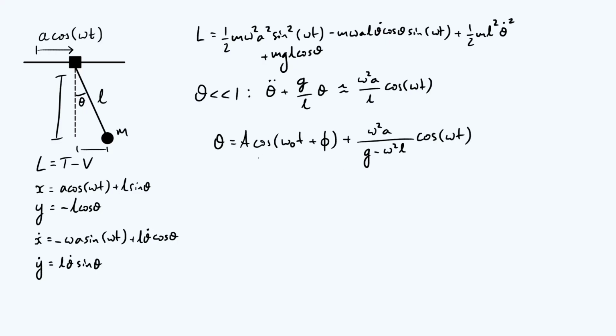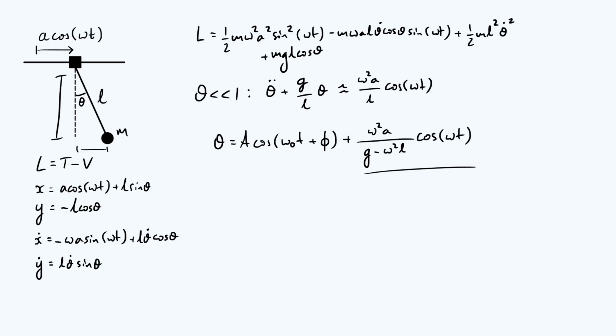The first term is not really that interesting because it's just the usual free oscillation solution for the simple pendulum. It's the second term that I want to focus on. Your solution is a superposition of the free oscillation and this bit, which is coming from the driving of the support at the top.